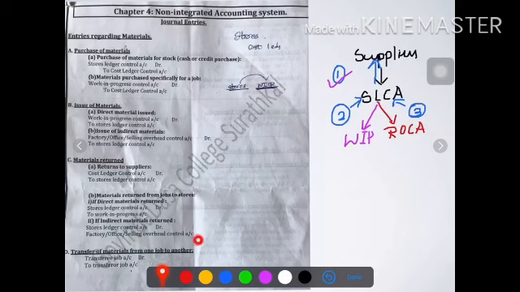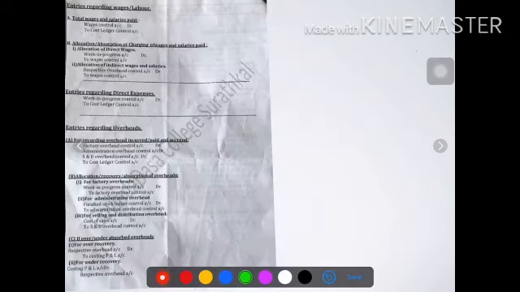Next comes the case of transferring the material from one job to another job. Here, once again, when it comes to the case of allocation or absorption of overhead, it differs. That is, the factory overhead is allocated to work in progress control account.